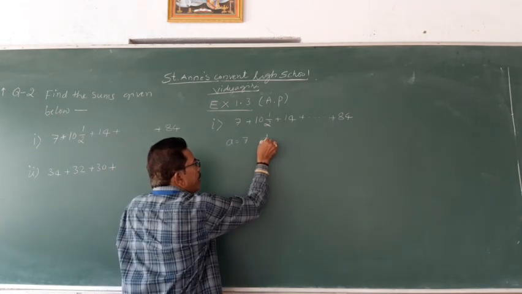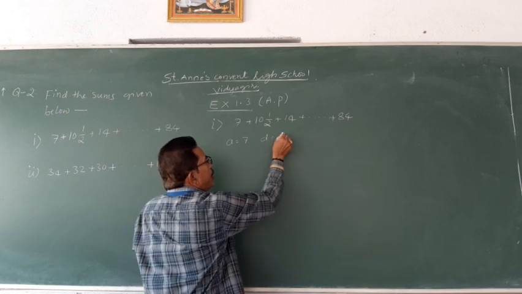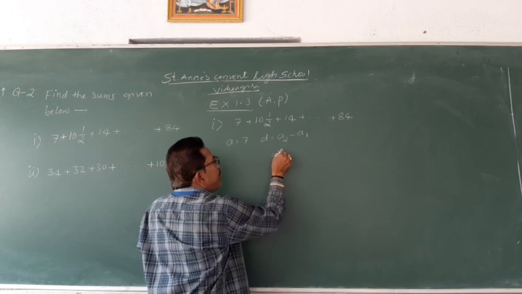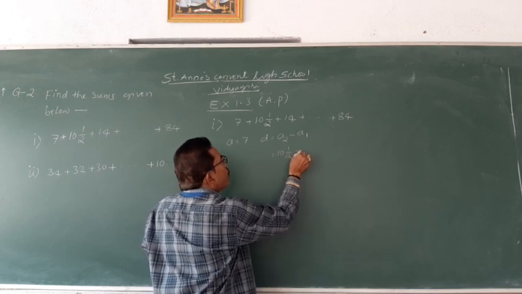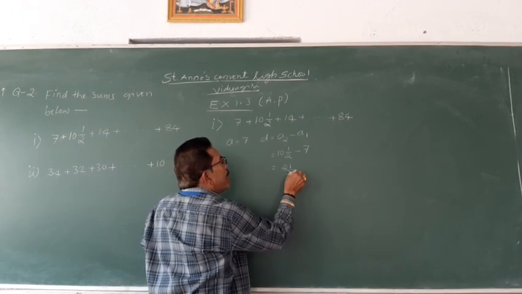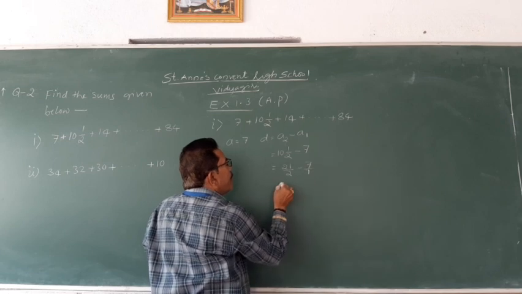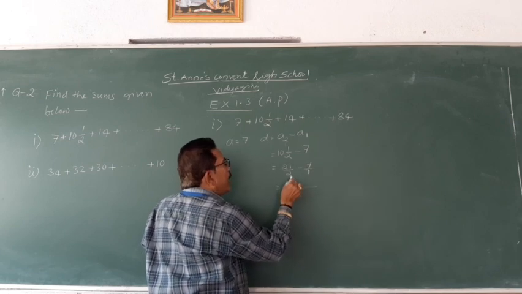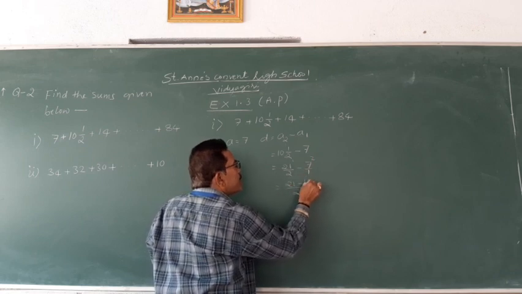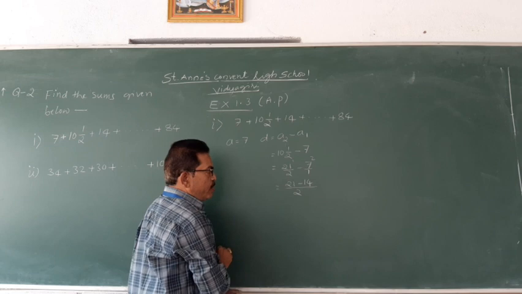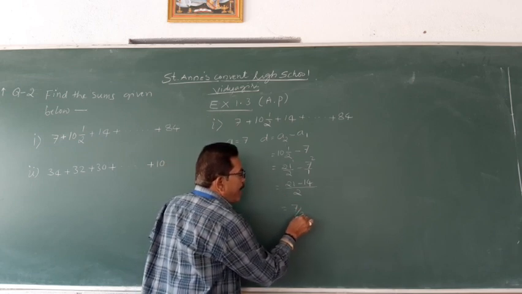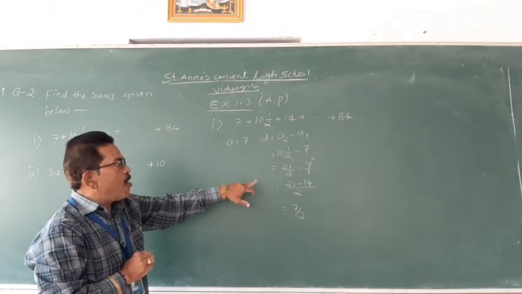Then d equals A2 minus A1, that is 10 and 1 by 2 minus 7, which equals 21 by 2 minus 7. LCM 2: 2 ones are 2, 7 twos are 14. So 21 minus 14 is 7, that is 7 by 2, the common difference.